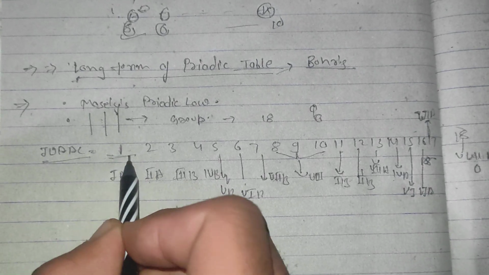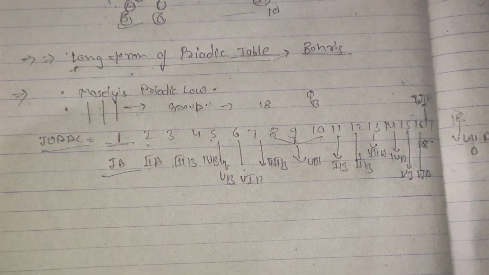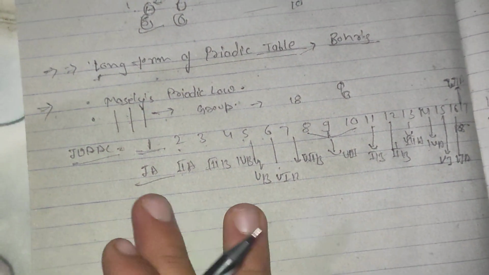According to IUPAC, the numbering is 1, 2, 3 and so on, which we also use.